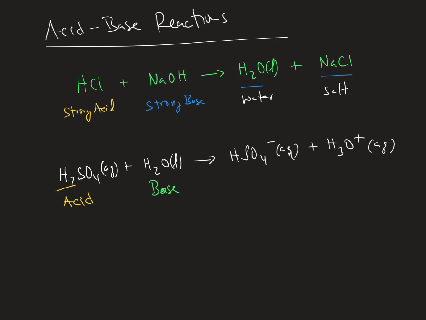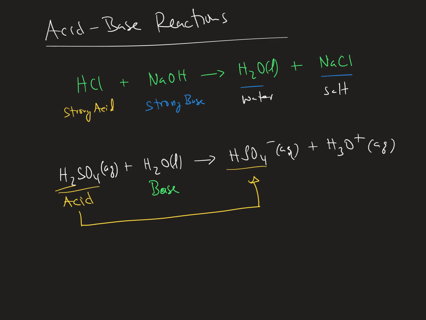Now let's see another way to know that this is our acid. What does H2SO4 turn into in our products? HSO4 minus. So this acid becomes this guy. What happened to it? It lost an H plus.